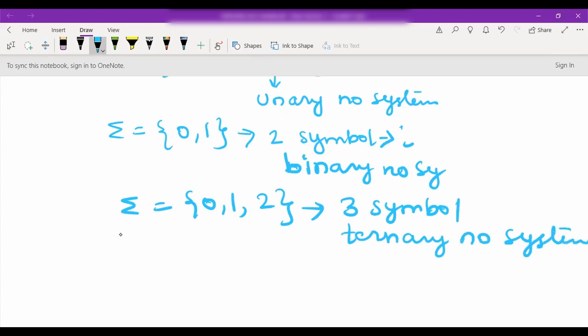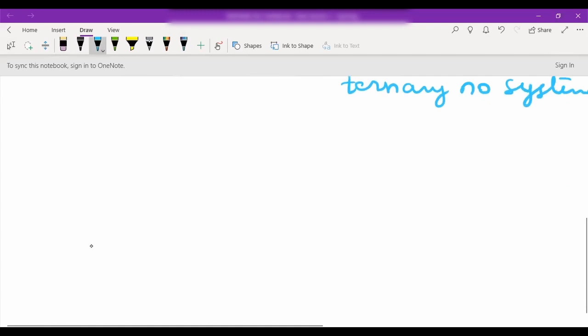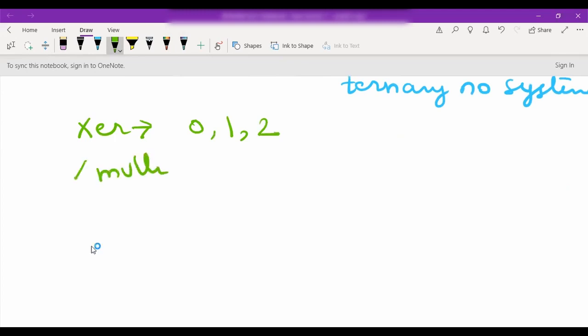Now we'll check how we will design this. For considering the number system, let us take the multiplier. The multipliers in the ternary number system are 0, 1 and 2. And what are the multiplicands? The multiplicands in the case of the ternary number system are powers of the base 3.